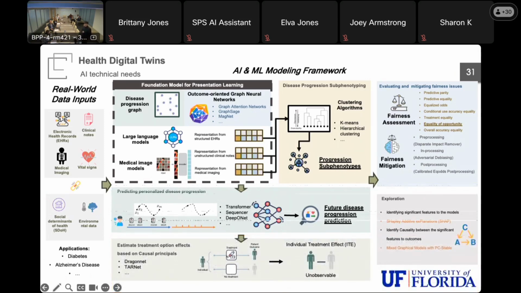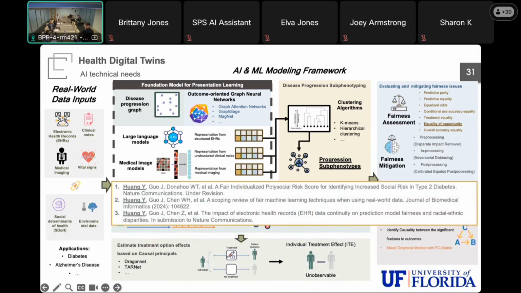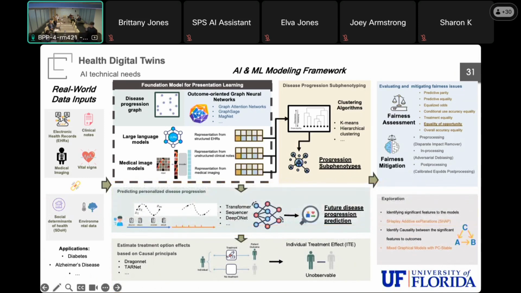And moreover, we need some mitigation and evaluation techniques to ensure that our models are fair, our models are good for everyone.